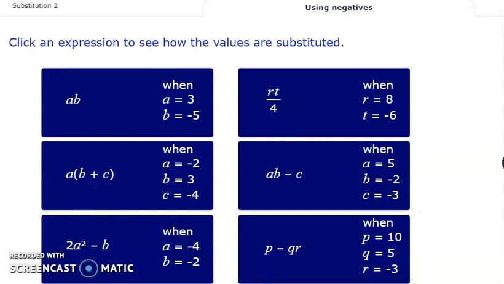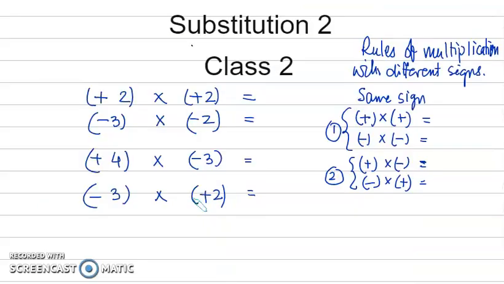I would like to give you some details on the multiplication rule for different signs so that you don't have confusion, if any. Here I am going to explain the rules of multiplication with different signs. Suppose you have to multiply plus and plus, that is the same sign, or minus and minus, both are the same.